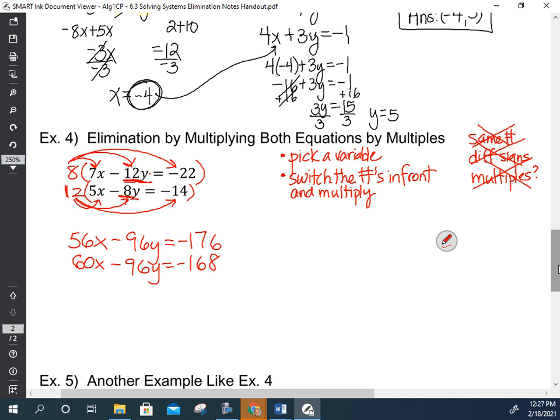So I'm going to change the 8 to a negative 8. Make a note for yourself: make one of the numbers negative if the signs are still the same.